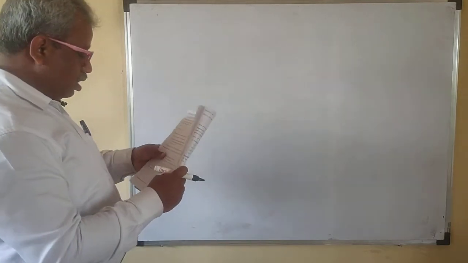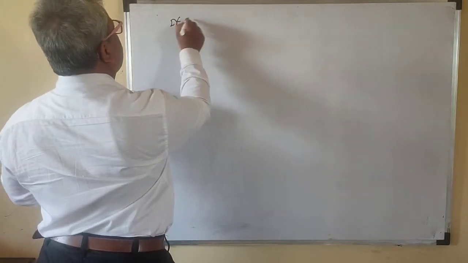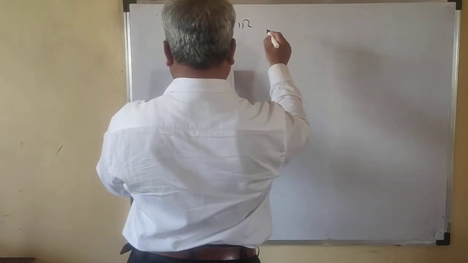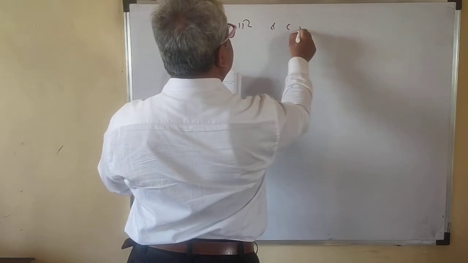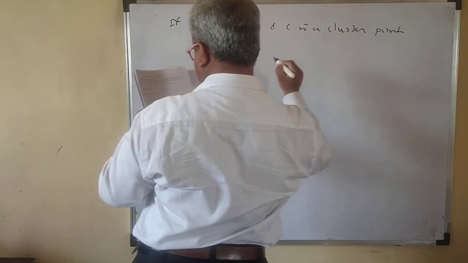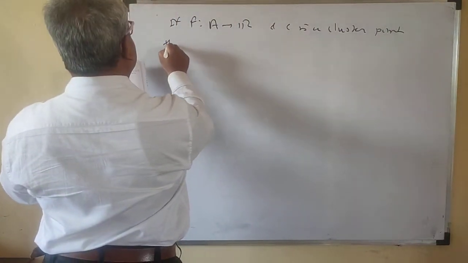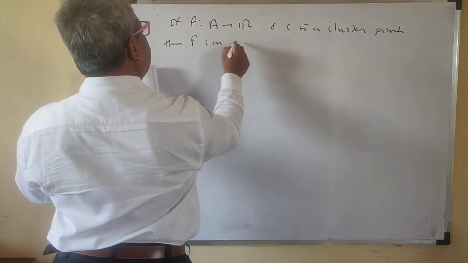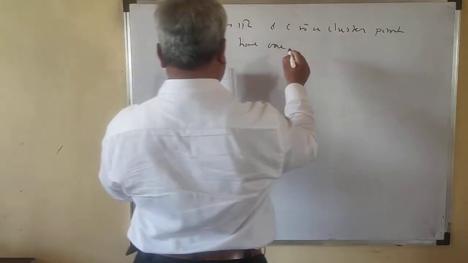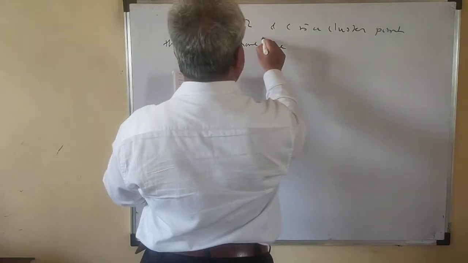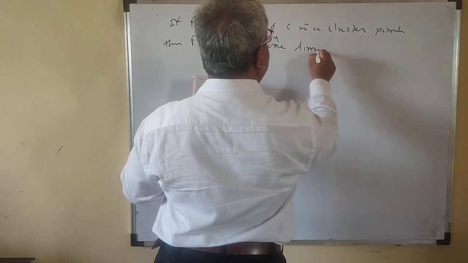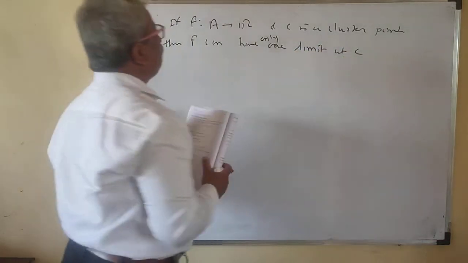If f from A to R is a function and c is a cluster point, then f can have only one limit at c.